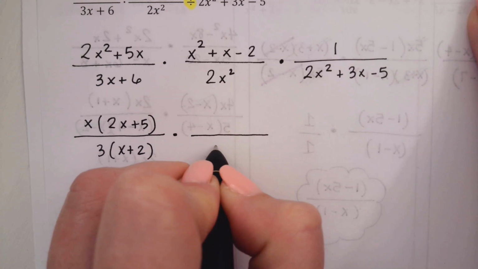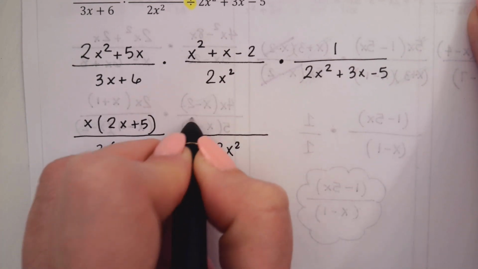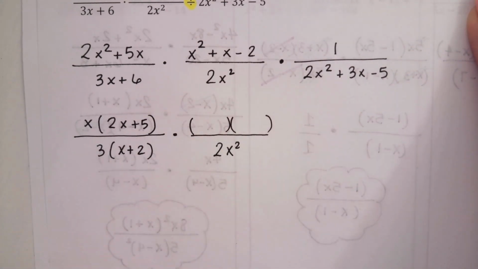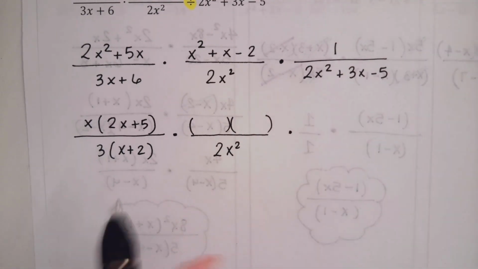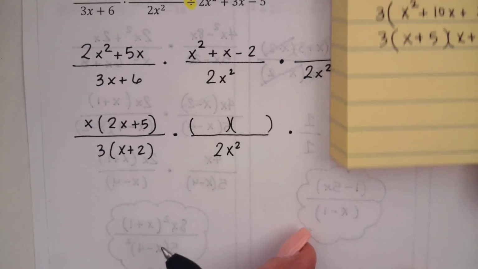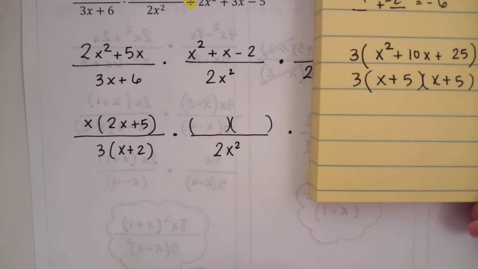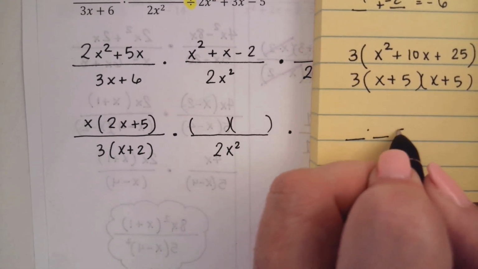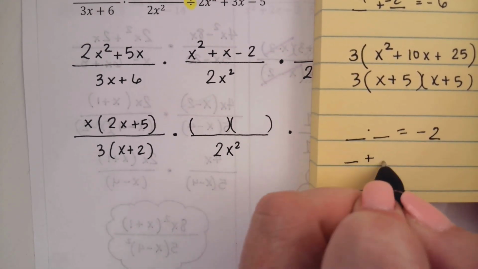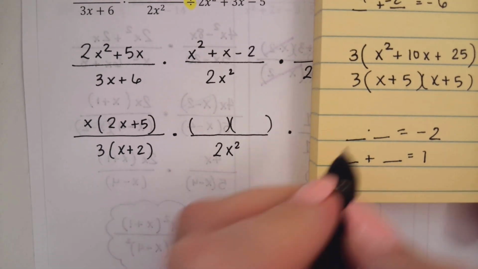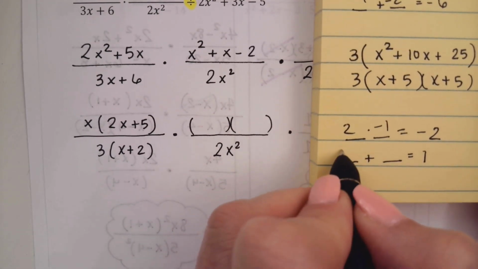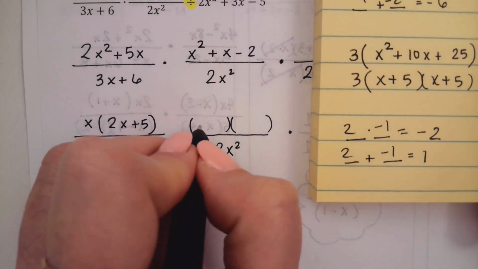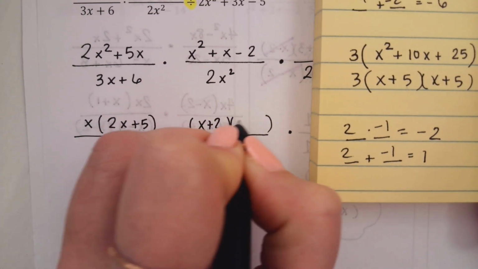Okay, for the second one, the bottom does not factor, but the top is easy factoring. We'll need two numbers that multiply to -2, but they need to add to 1. 2 and -1? Yes. So x plus 2, x minus 1.